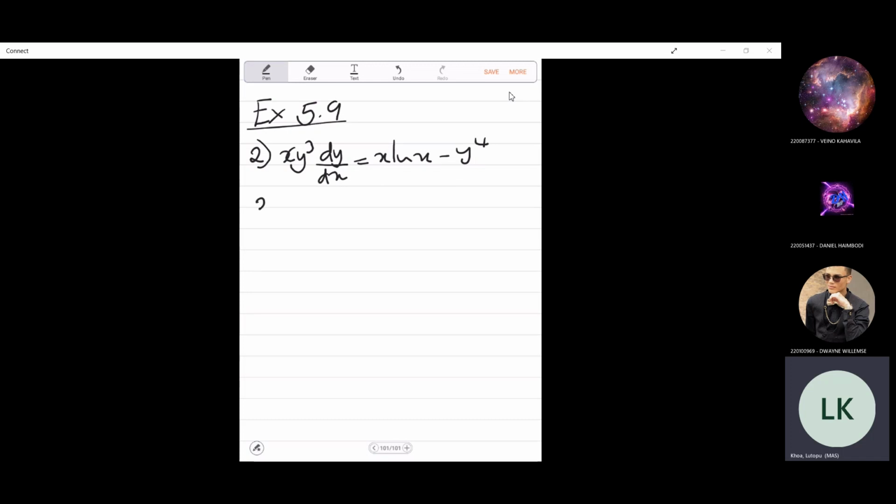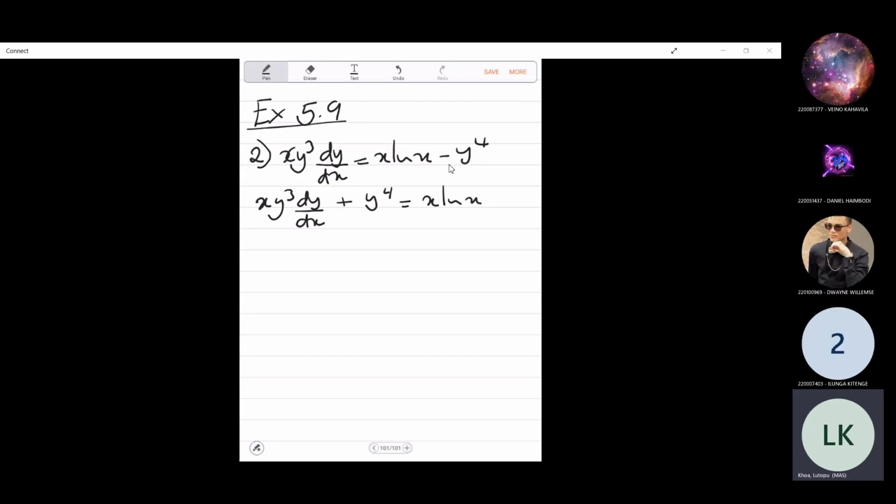So we have x y cubed dy dx plus y to the power of 4 is equal to x ln of x. And then here you don't want any terms that involve x, so you divide everything by that. So we have y to the power of 3 dy dx plus y to the power of 4 over x is equal to ln of x.